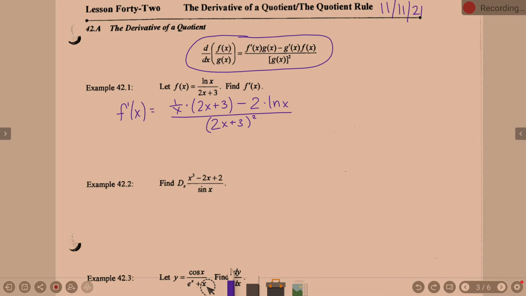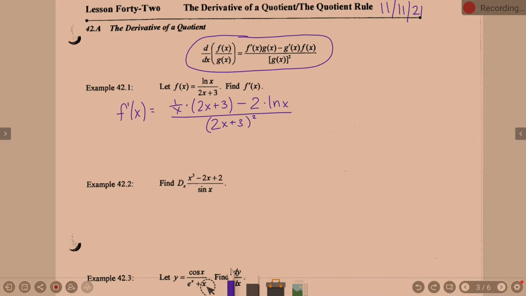First of all, good news: the 2x plus 3 quantity squared, we'll probably just leave as is. That's not something you necessarily multiply out normally. On occasion you might have to, but more often than not it gets left as is.